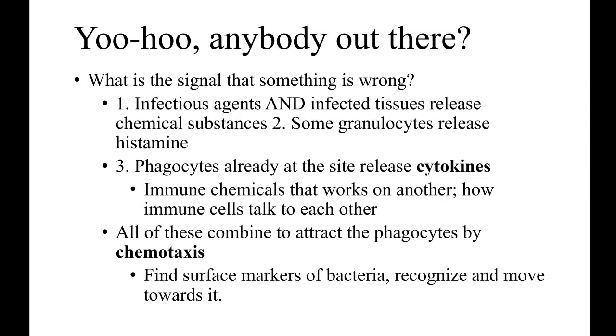Now, those phagocytes already at the scene are going to be releasing cytokines. If you remember, cytokines are immune chemicals that communicate with the rest of the immune system. This is how the immune cells talk to each other. So these phagocytes see all of these flare guns, all of these chemicals in the area, and they start to move into the face of danger.